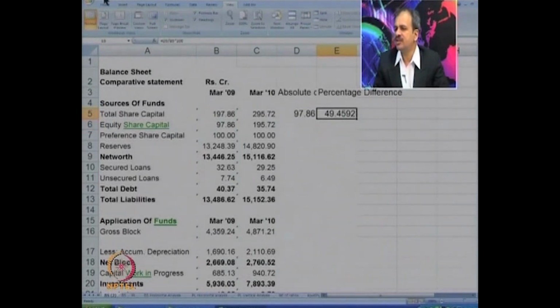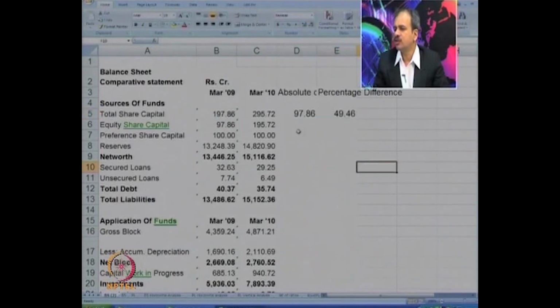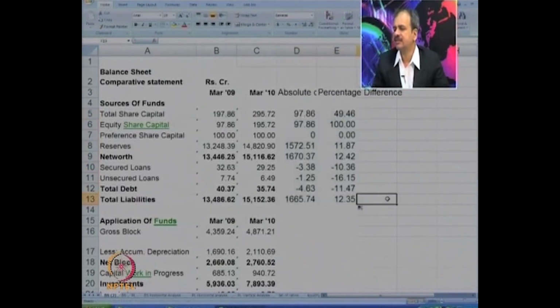I will try to reduce the decimal points. So, you can see it is a difference of 97 crores, which turns out to be a 49% increase in the total share capital. Now, I can drag down these figures.